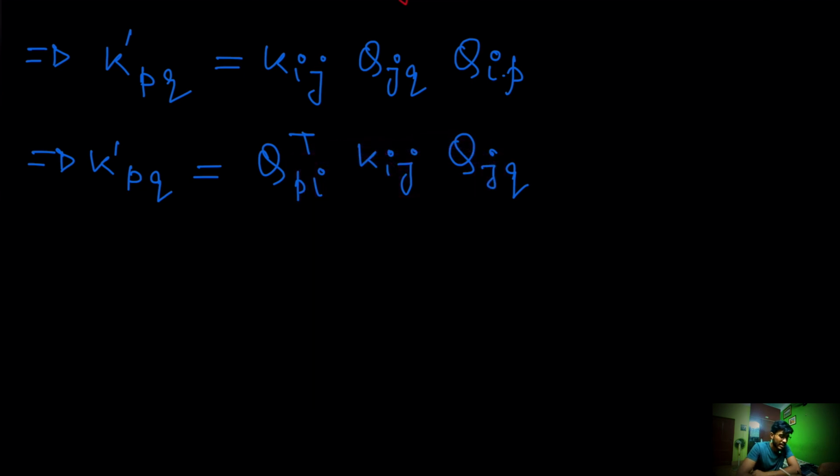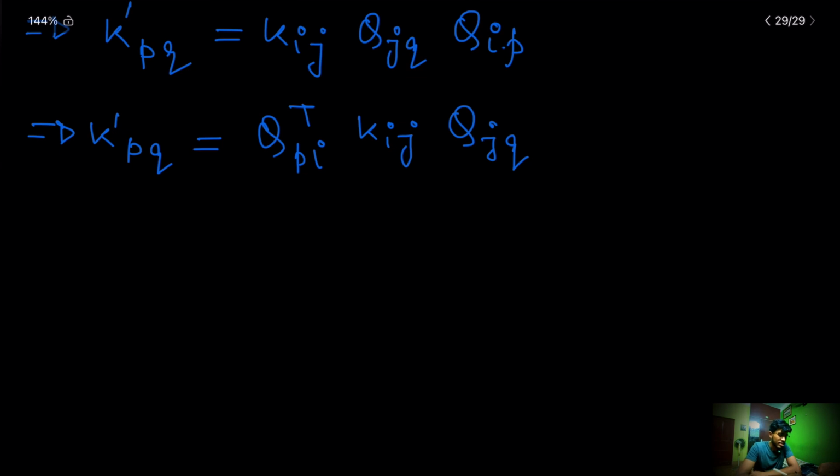Ultimately you see that in the LHS this p and q are the free indices, and in the RHS also p and q are the free indices, because this I is being repeated, this j is also being repeated, so I and j are not free indices, these are the dummy indices. Okay, now this is the rule of transformation for the second order tensor between two different coordinate systems.